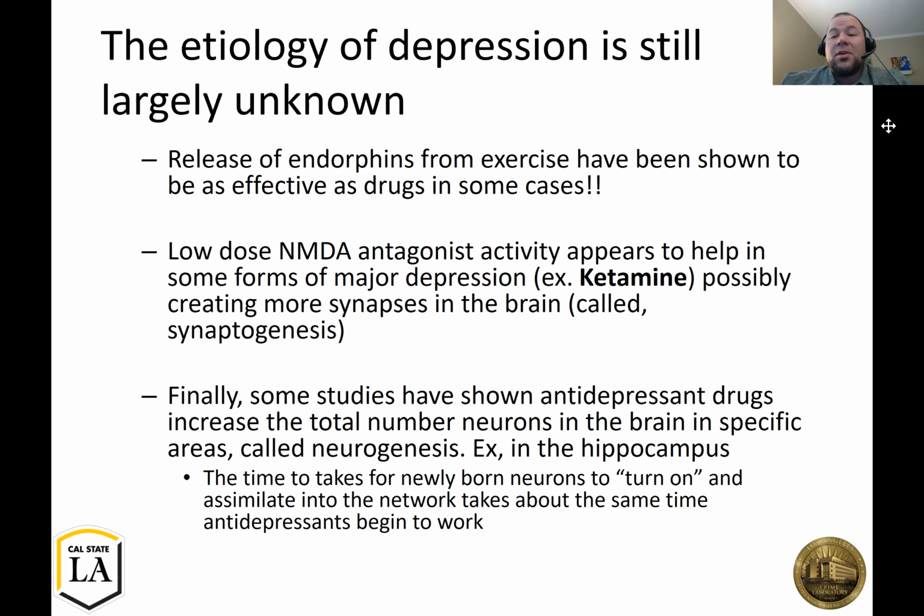So a drug like ketamine, which is not at all used for depression currently, at least, they have been showing some interesting research of that really working well for treating really bad forms of depression. And it's interesting, it's like one large dose of the drug can actually have a lasting effect on someone's depression. So what is up with that?